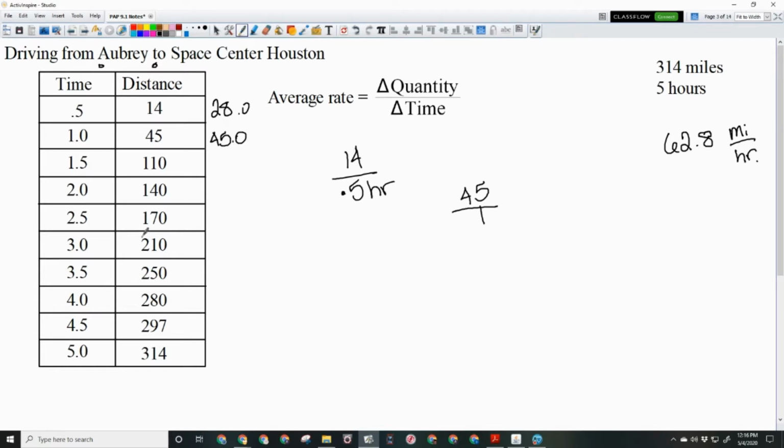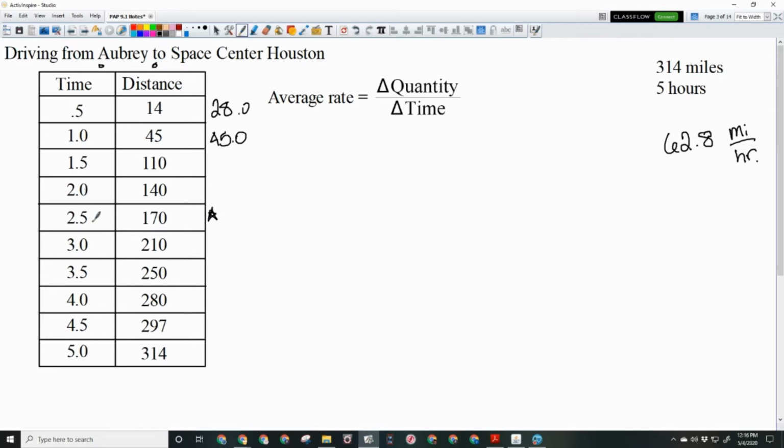So let's look down here. Between this 2.5 and this 3, we should be on Interstate 45, and we should be going pretty fast there because it's open road on an interstate. So let's just look at that. All right, so what did I say here? This one? Okay.